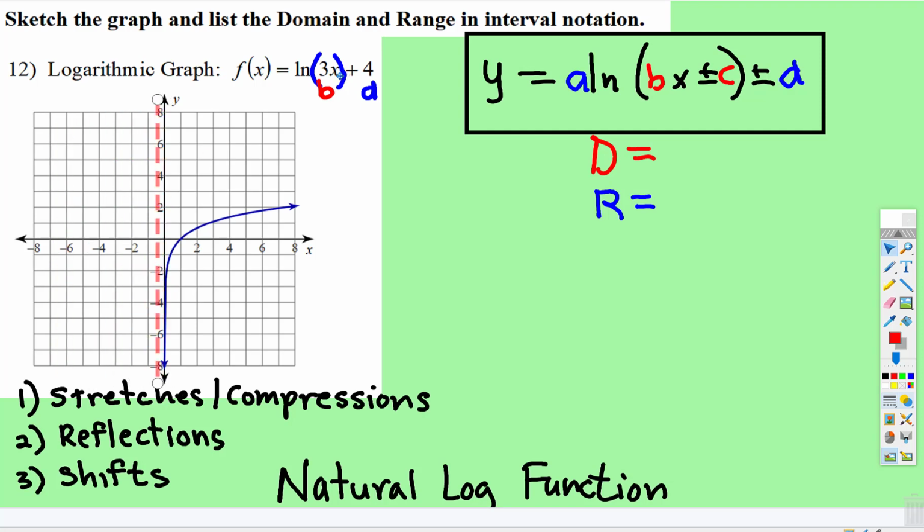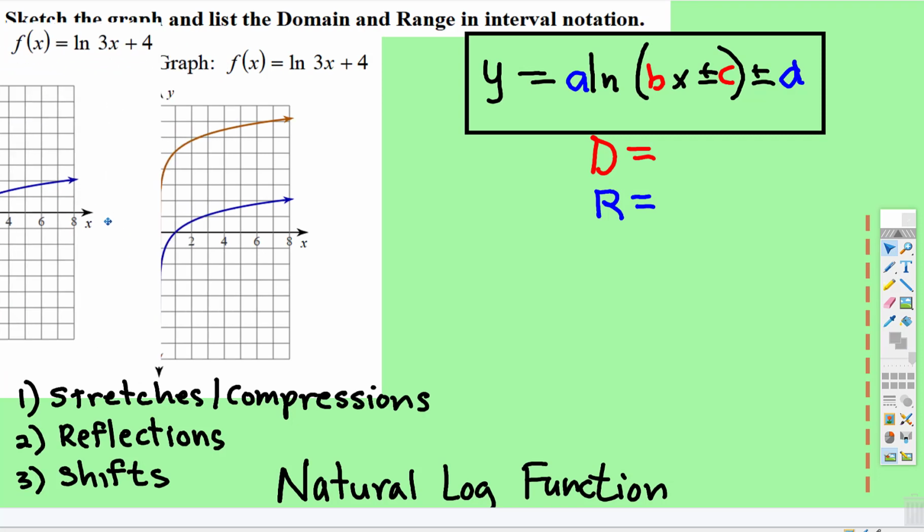In this case, there will not be a horizontal shift, so we don't have to worry about moving that. So remember what we said, the order is you do the stretches and compressions first, then reflection, then shifts. So in this case, you would apply the stretch first, and then you would shift everything up 4.